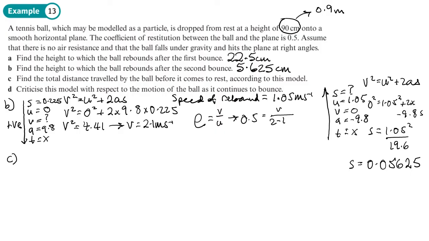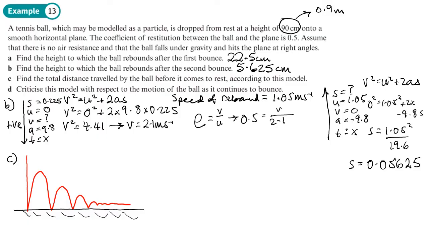Now what happens is the ball is dropped from 90 centimeters. It bounces up, down, like this. Okay, so this is my ground here. Now the first time it drops from a height of 90 centimeters, and then it's 22.5 up and down, and then 5.625 up and down.